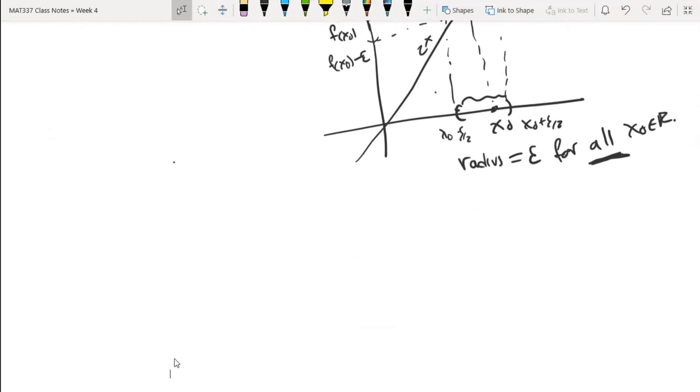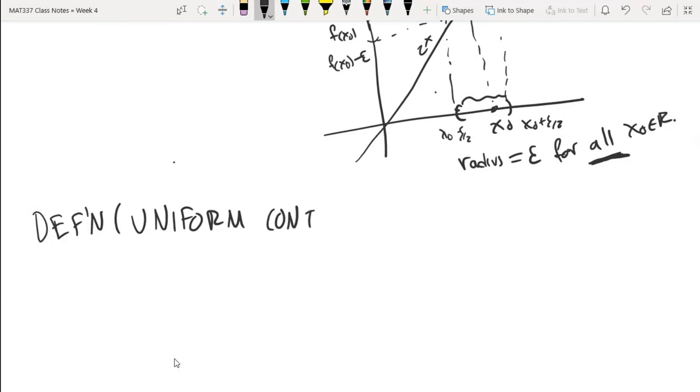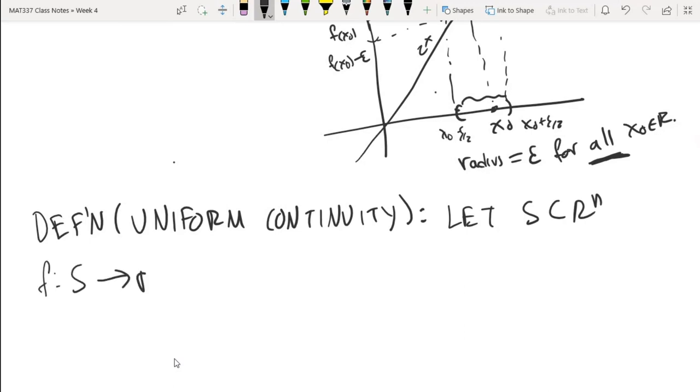Good. All right. So, definition of uniform continuity. Let S be in Rn and a function f mapping S to Rn.